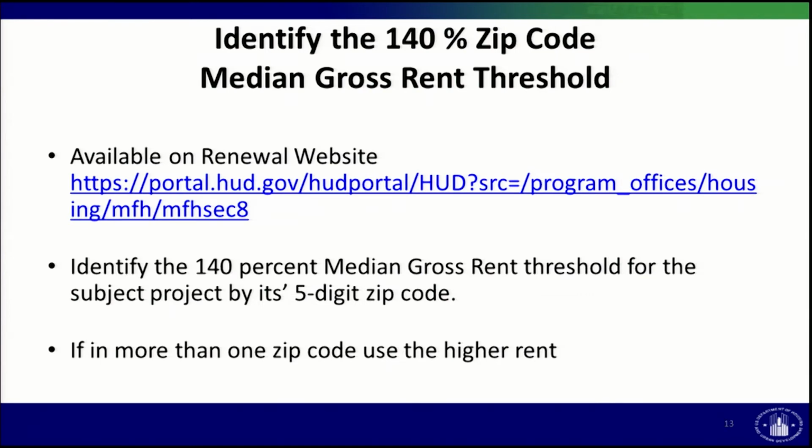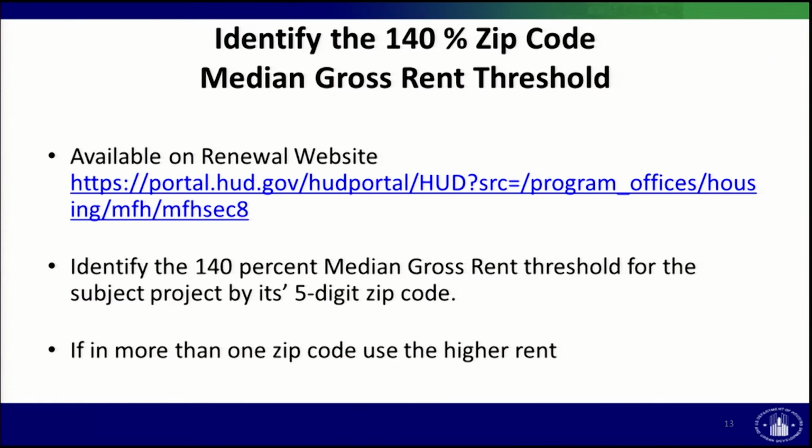This slide contains the information on the median zip code information you'll need, and it's readily available on the Section 8 renewal website. A later slide will have all of those links together in one place. Now, this information on the median rent is updated annually, usually in the middle of December, because that's when the numbers come out from Census.